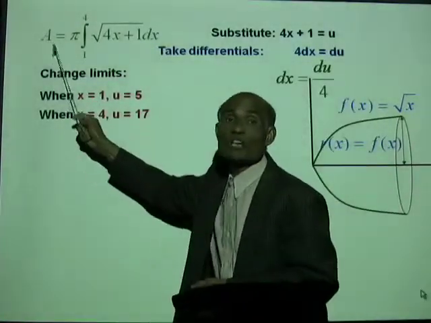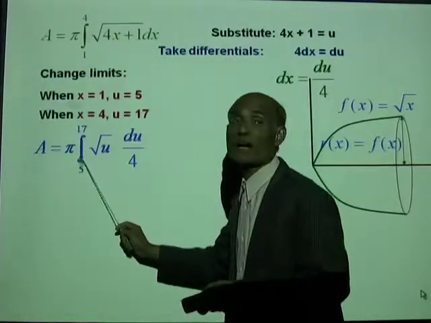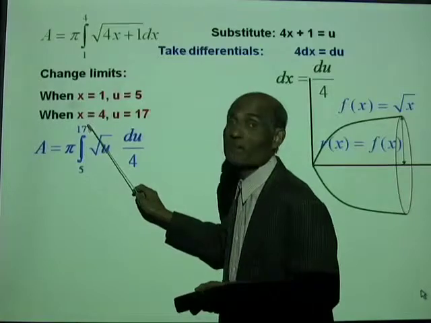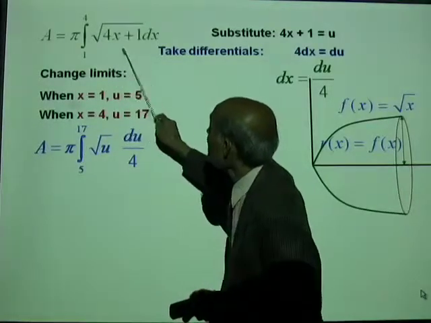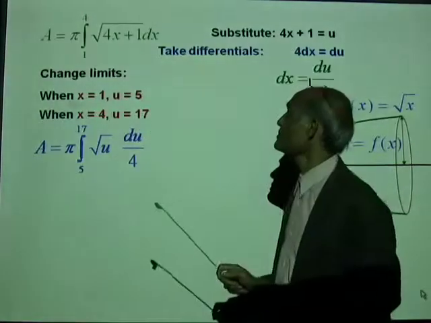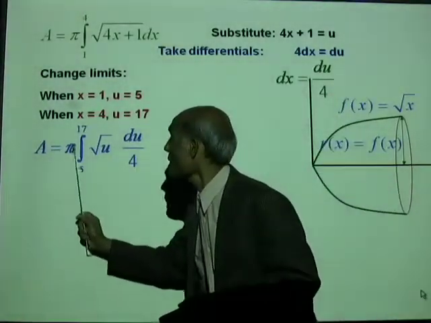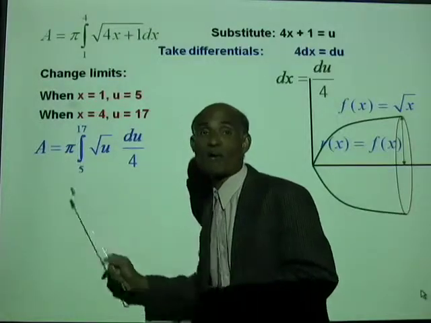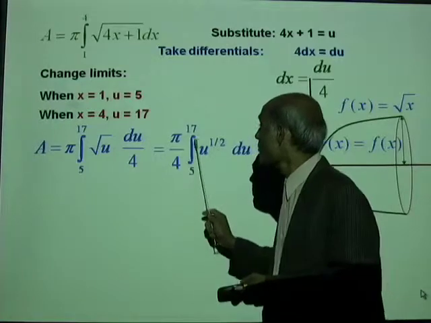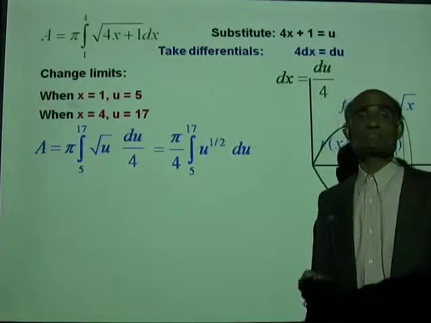So what is the area now equal to? Area is now pi times integral, u changes from 5 to 17, square root of u times dx, which is du over 4. And now this 4 comes out, so this will become pi divided by 4. So pi over 4 integral 5 to 17 of u to the power of 1/2 du.